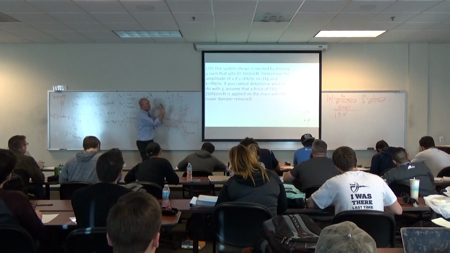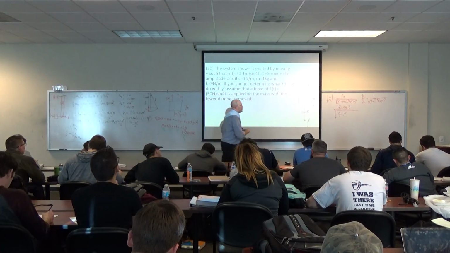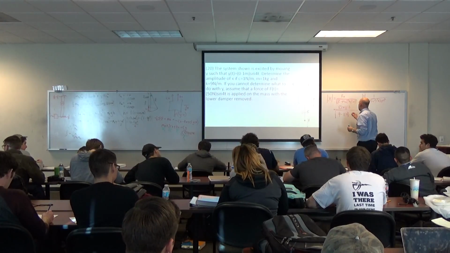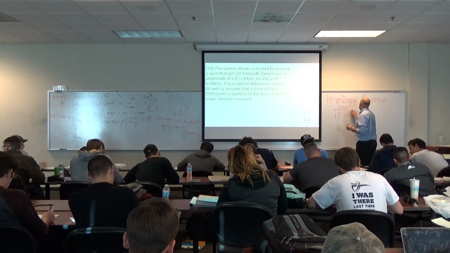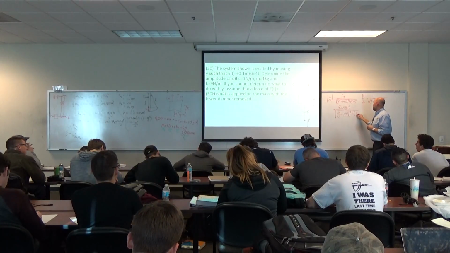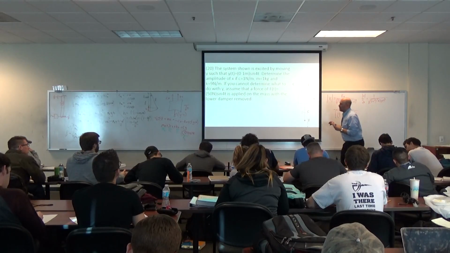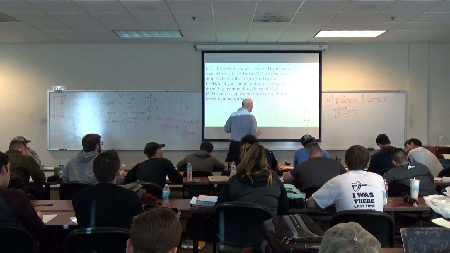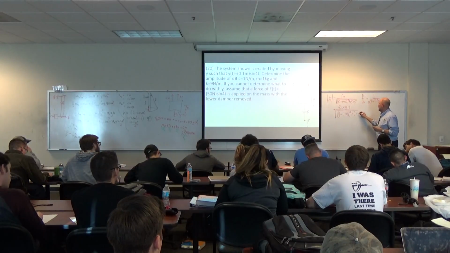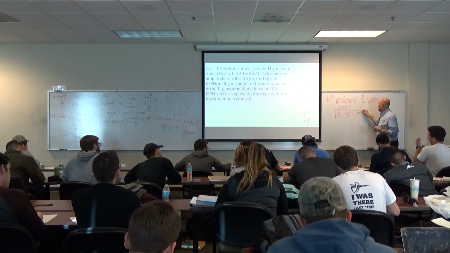Omega n is a system property. Omega is an external input property. And so it's 1 minus 4 squared plus c. Oh, c is 1. Omega 4 squared.